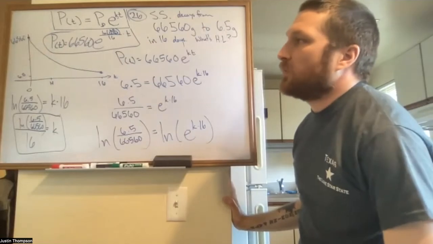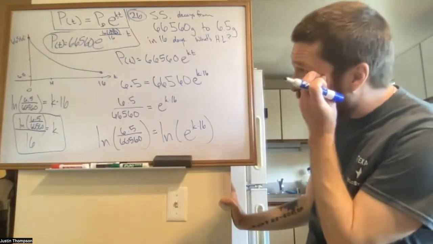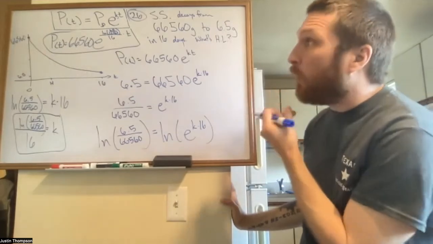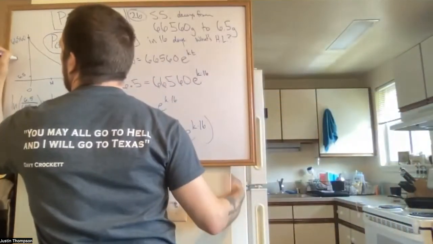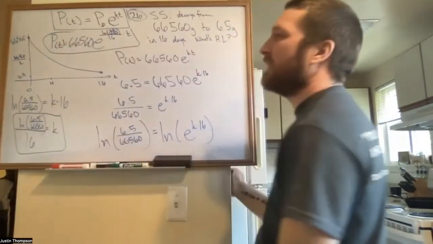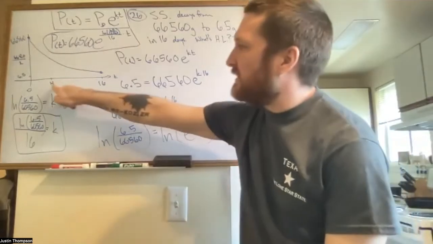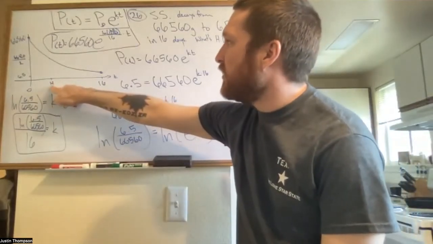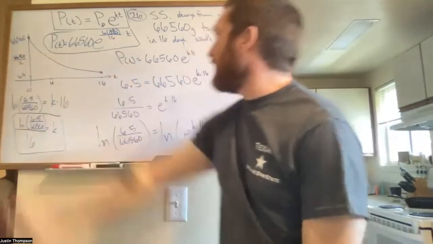Now I could, if I were so inclined, take 66560 and divide it by 2 and find out what that actual number is. Or I could be a little tricky here and just say, well, whatever half of it is, it's that number divided by 2. In other words, we're trying to find this value here, whatever that is. When I plug that in, I get out that number right there.